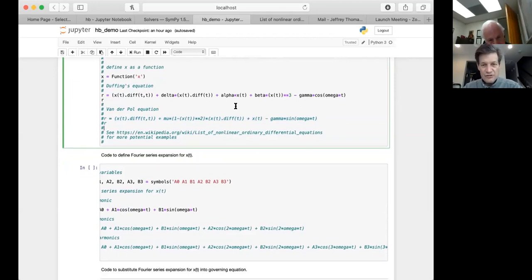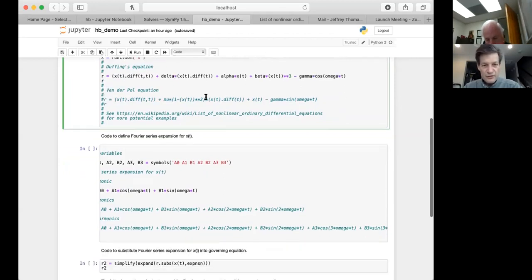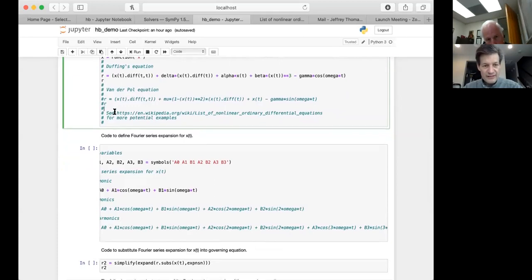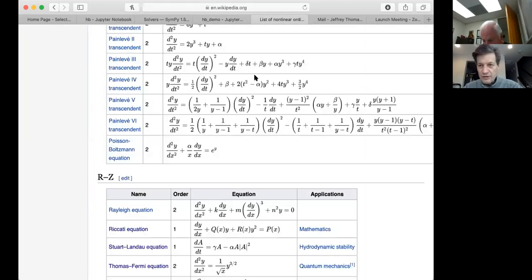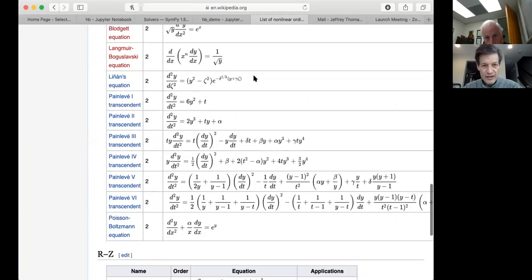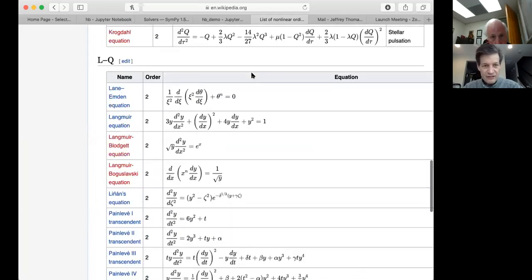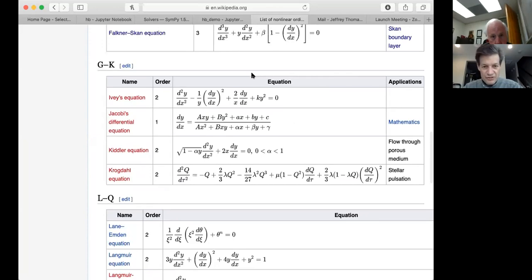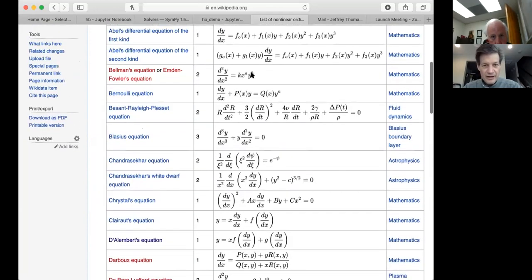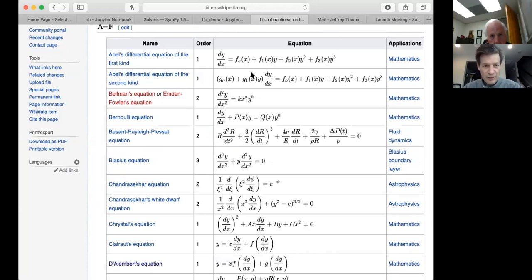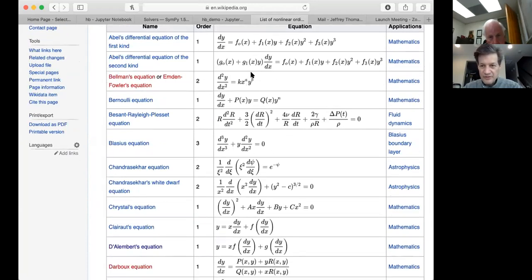And then I was also looking, if you go to the website that I've got down here, it's a Wikipedia page with a list of nonlinear ordinary differential equations. I don't know if it's coming up on your screen now, but it's a handy list. If you ever get interested, there's a whole bunch of interesting equations you could look into possibly applying the harmonic balance method to.